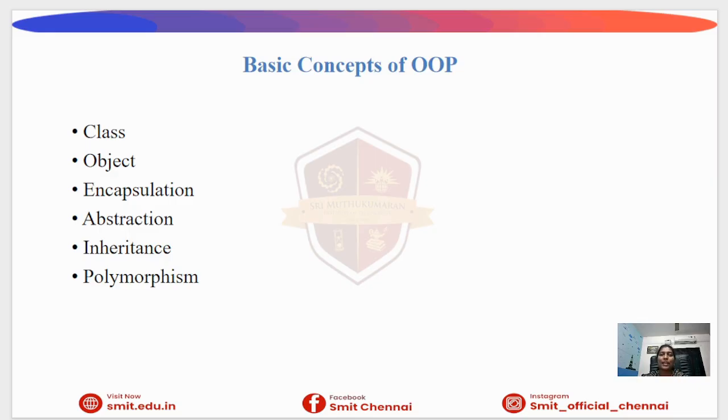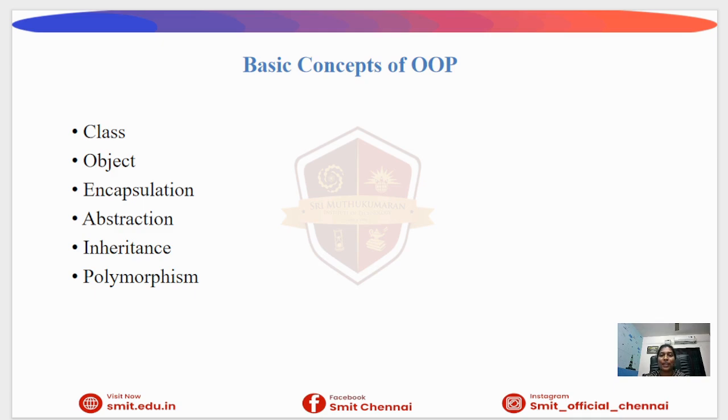The next one is encapsulation. Encapsulation is the process of wrapping data and functions together into a single unit, that is a class, and restricting direct access to data using access specifiers. The next one is abstraction. Abstraction is the process of hiding implementation details and showing only essential features to the user.